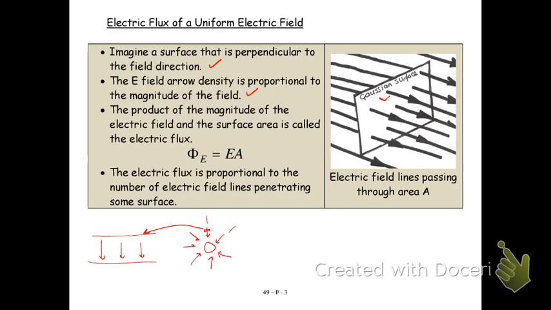The product of the magnitude of the electric field and the surface area is called the electric flux. So this electric flux is this number I get, which is representing the strength of the electric field and the area that I'm taking that field over. So it really represents the number of arrows I have.